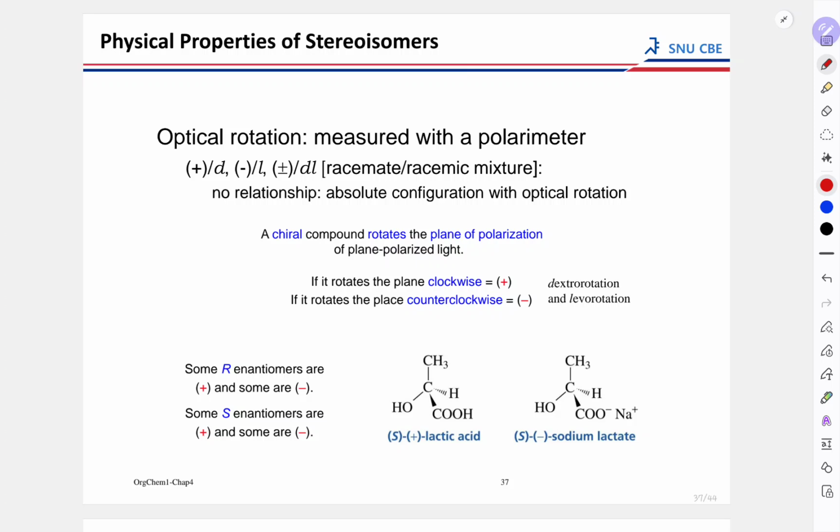But you should note that there's no relationship between absolute configuration and the plus or minus sign. Some R enantiomers can give you plus, and some can give you minus. It's all molecule specific.